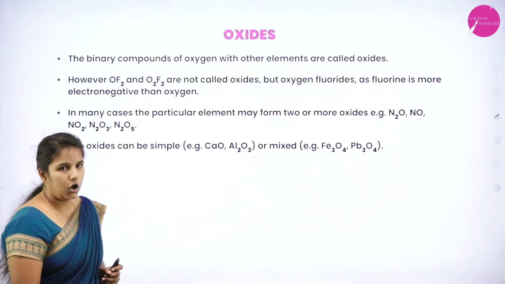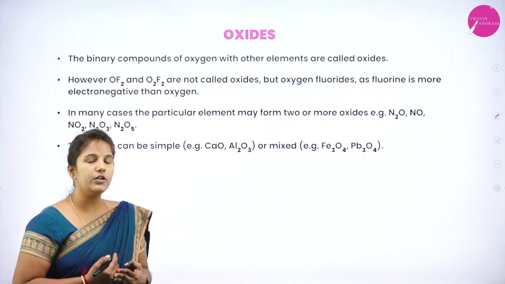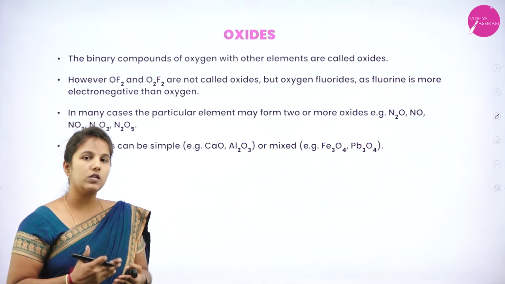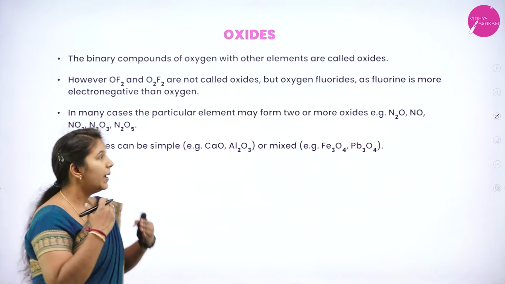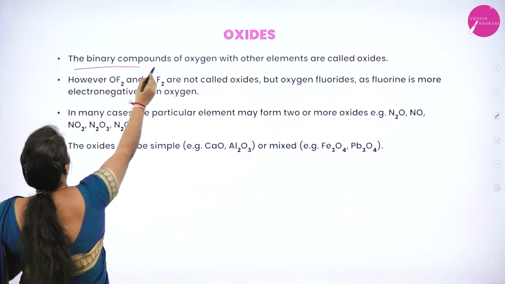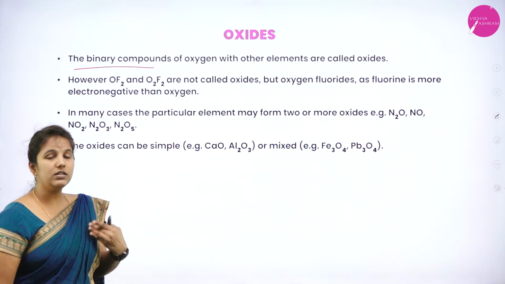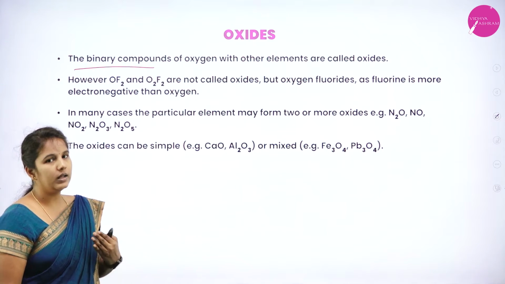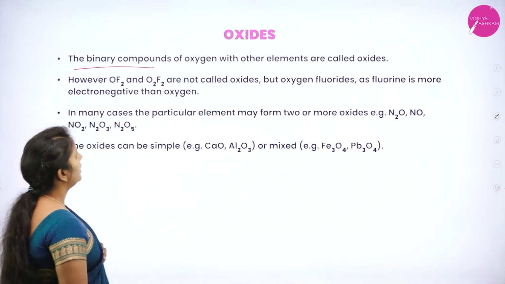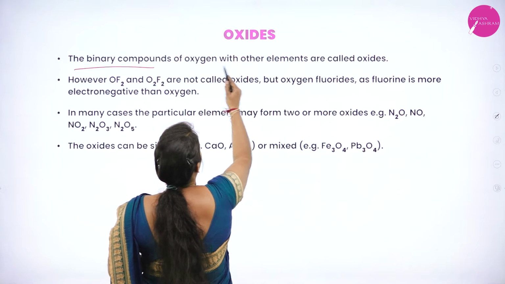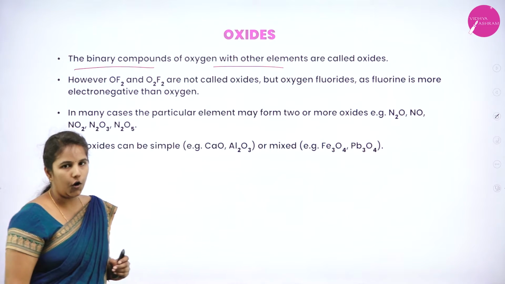Coming to the oxides, it is very important to understand how oxides are formed when oxygen reacts with other elements. The binary compounds of oxygen with other elements are known as what? Oxides.